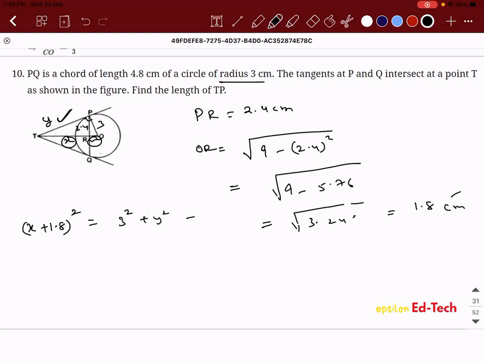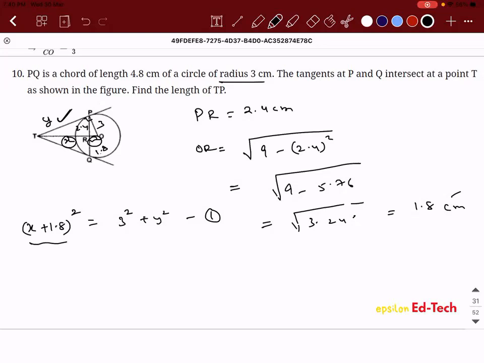Why did I write it as x plus 1.8? Because TR is x and OR is 1.8. That's what we found. So basically, in this problem, we have 3 unknowns. So you need to take 3 right angle triangles. That is the logic.